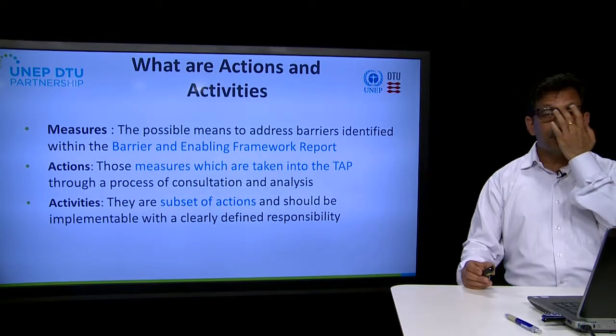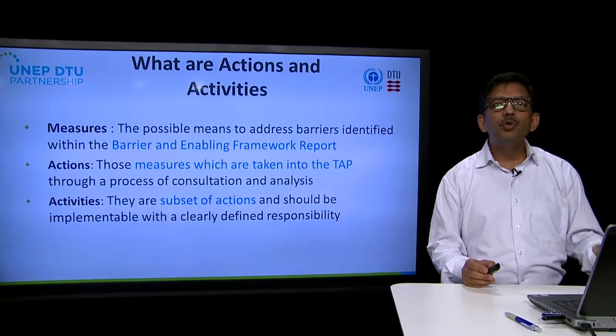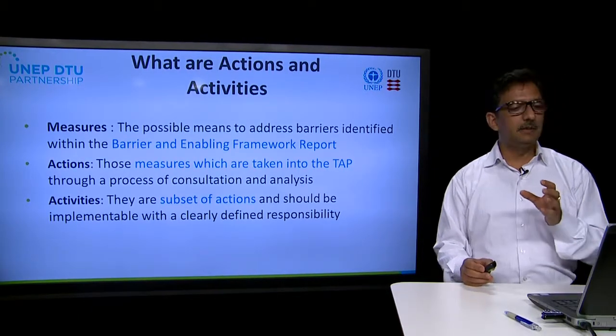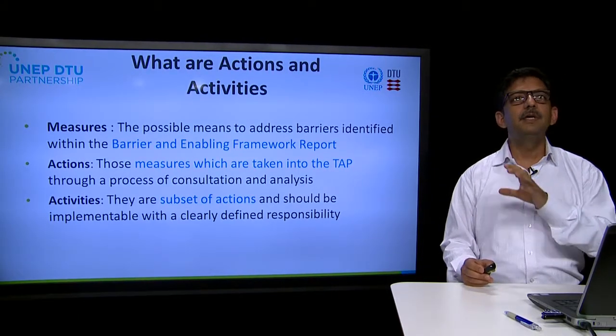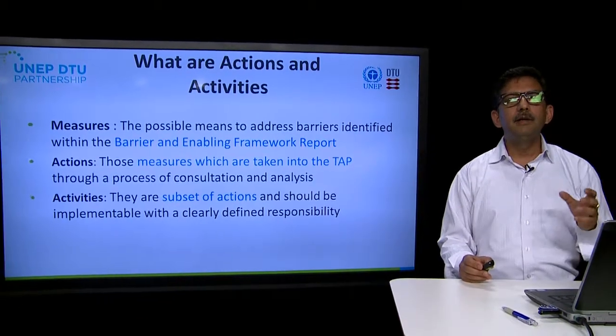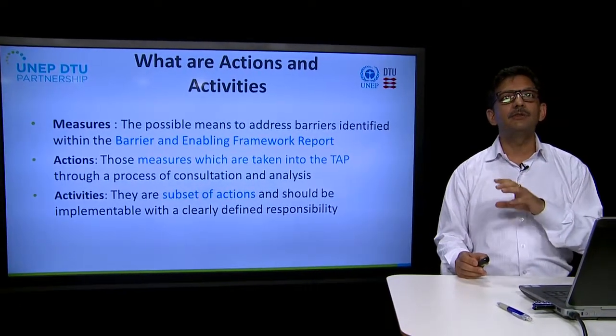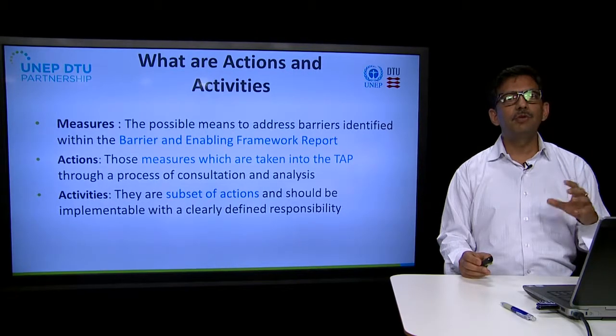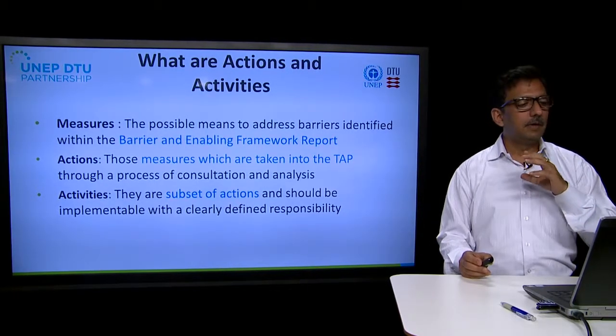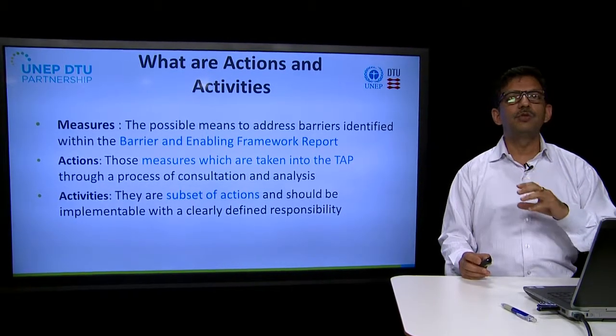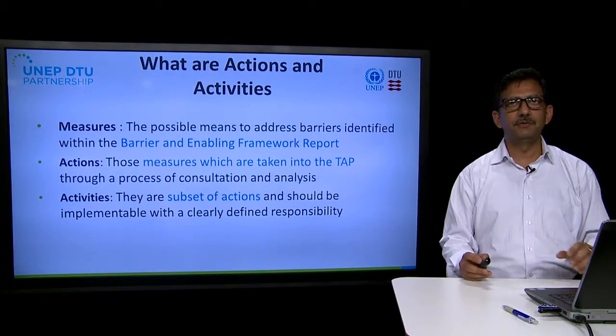Now when we come to the technology action plans, those majors which are taken within the TAP are considered as actions, and we further detail these actions into activities, and therefore the activities are a subset of the actions.